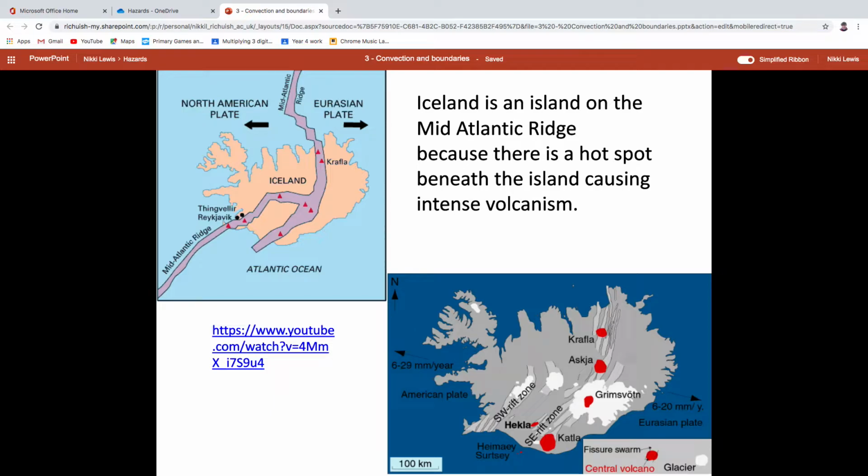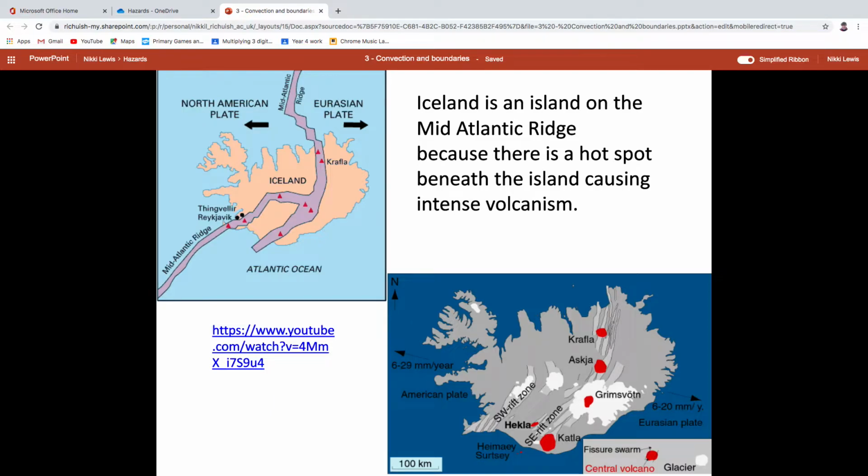They are places where the mantle is extra hot, and you get loads and loads of volcanoes because of that. Iceland, therefore, is on the Mid-Atlantic Ridge, and it's on a hot spot. So you are going to get loads of volcanic eruptions. They get, on average, an eruption once every 5 years in Iceland, and they get lots and lots of earthquakes.